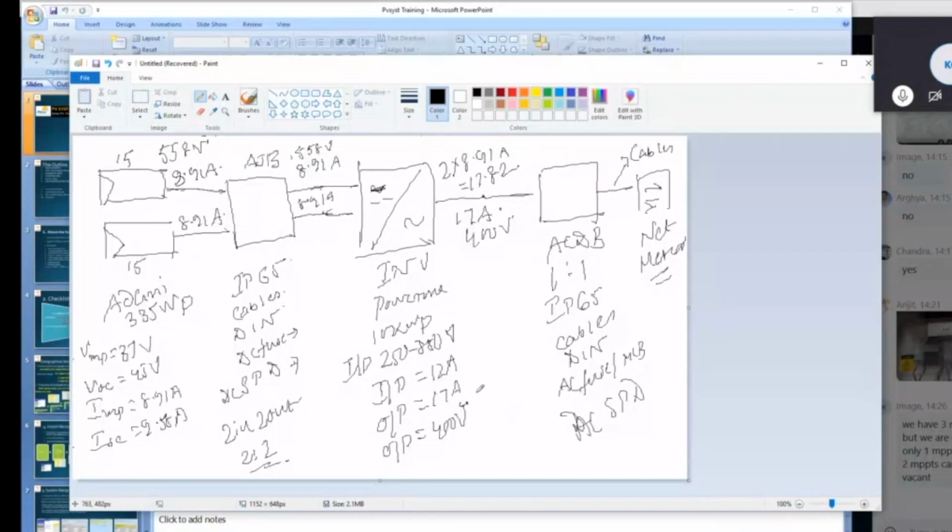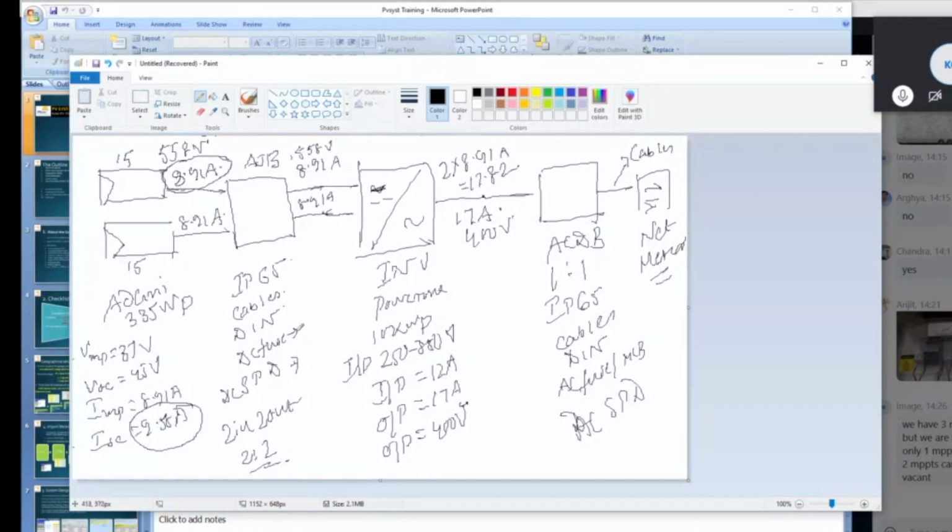Fine. Now we need to learn what the DC SPD and fuse rating is. As we can see, a current of 8.91 amps is flowing in the circuit, and the maximum current that the module can deliver is 9.58, from the ISC value of the module.